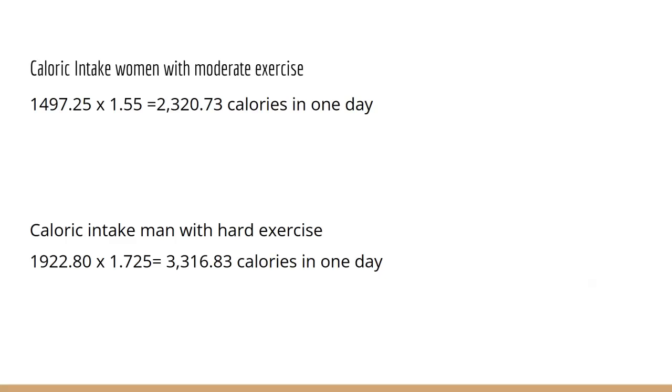The man, he says that he had hard exercise, so he can take in a little more, and he can take in 3,316 calories in one day. You don't have to go to this ceiling. You can always be below this number, and you are always able to take in less as long as you're still putting in the correct nutrients into your body.